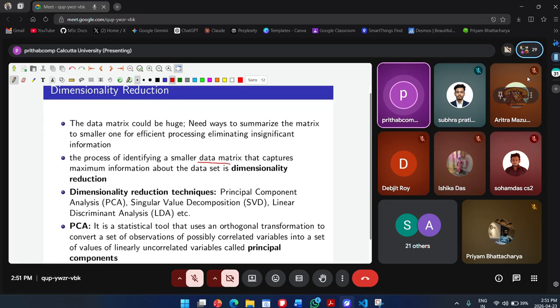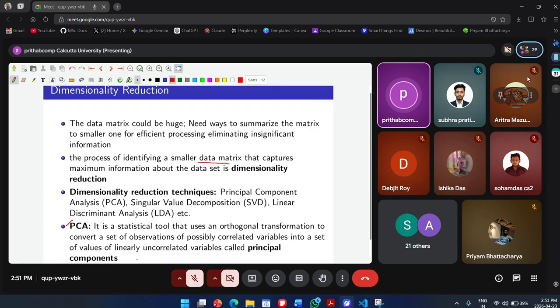But we are only going to concentrate on this PCA. So principal component analysis is basically a statistical tool that uses an orthogonal transformation to convert a set of observations of possibly correlated variables into a set of values of linearly uncorrelated variables called principal components.